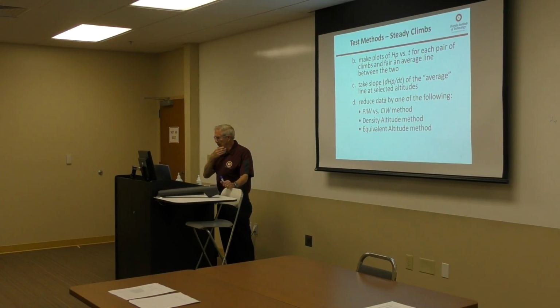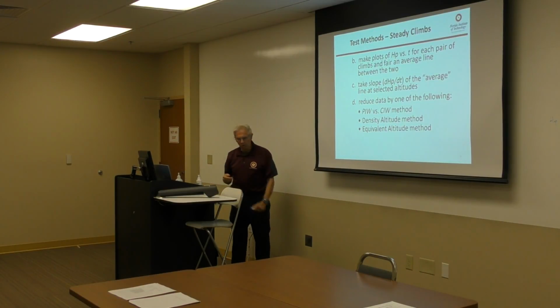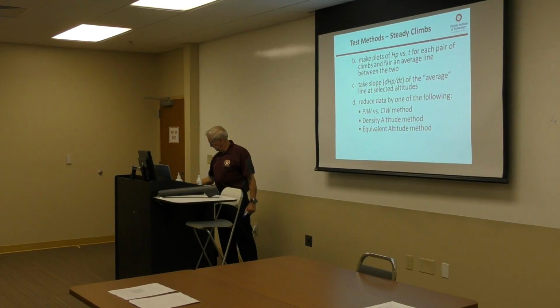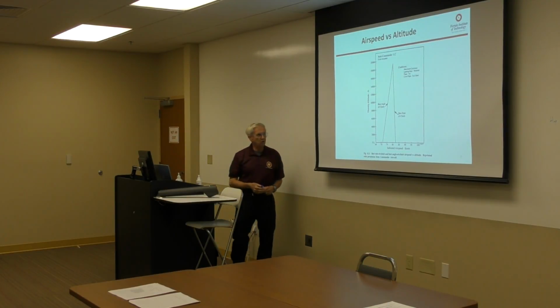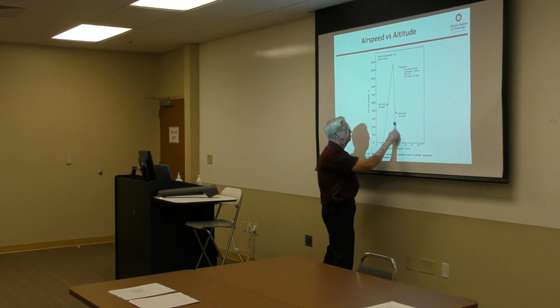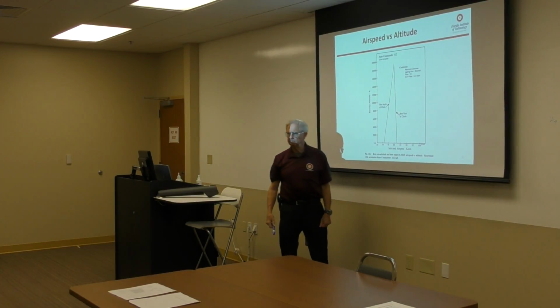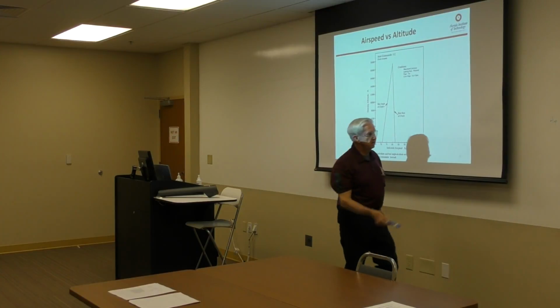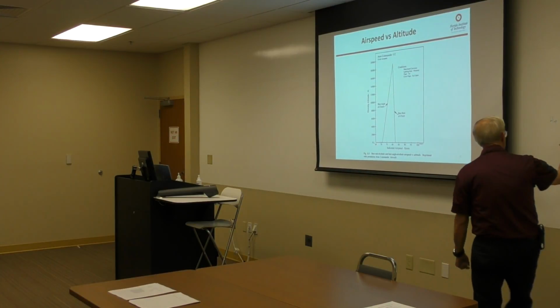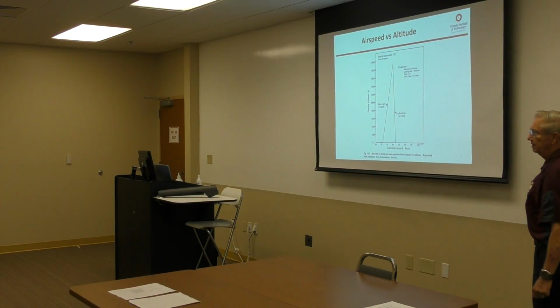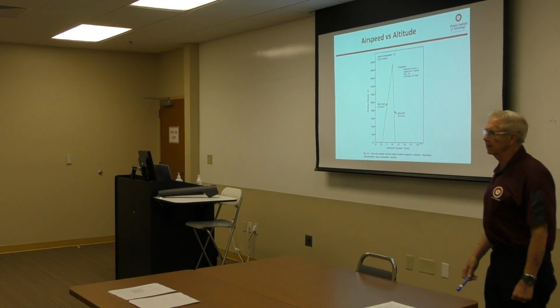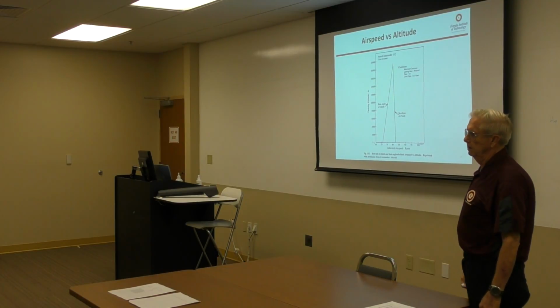So anyway, we make those kinds of plots, and let me go back to that plot. What we're going to do is use best rate speed and generate two plots like that. Okay, that's what we're going to do in the flight.